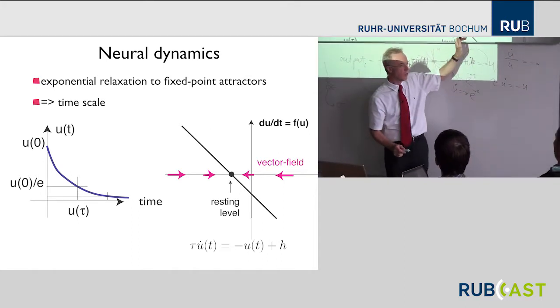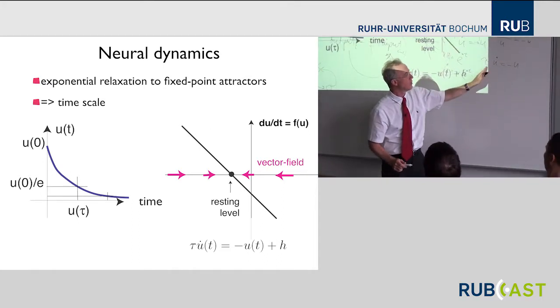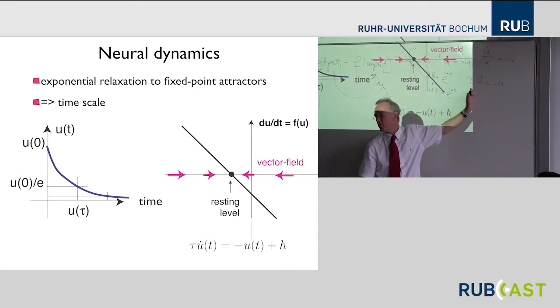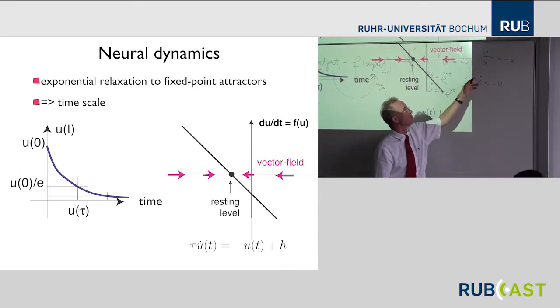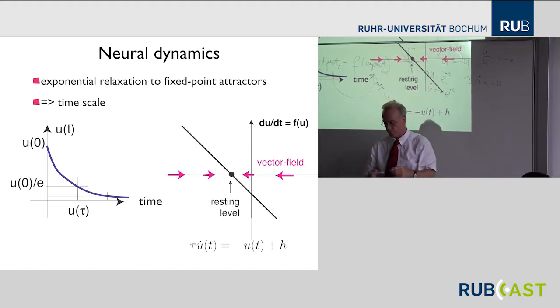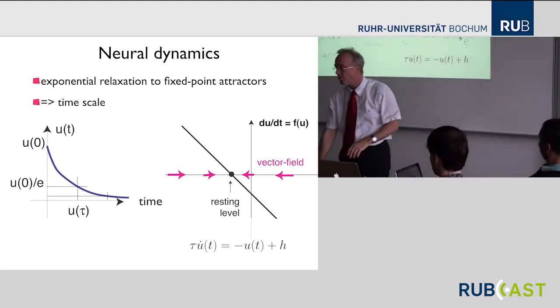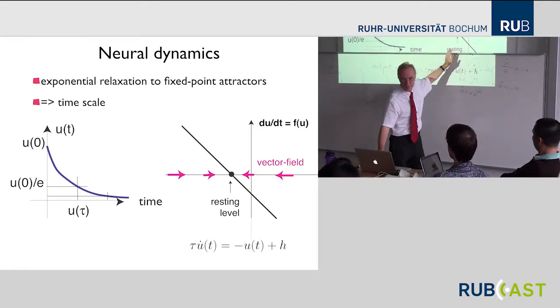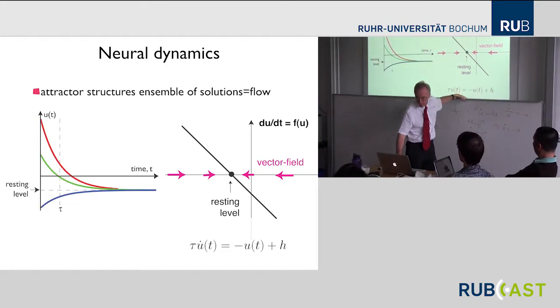Can you see that? So it's just dividing by that, and that's then like a rescaling of time. All of time is measured in units of tau. Yeah, roughly speaking. Okay, that's the one new point I wanted to make about dynamics.